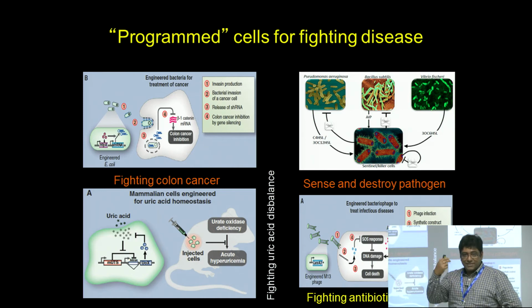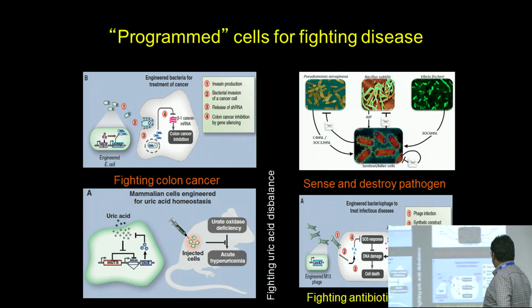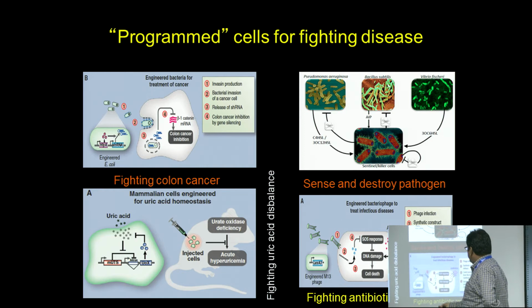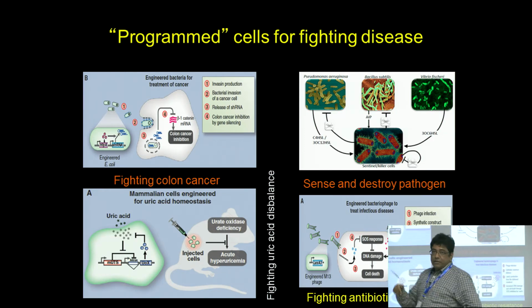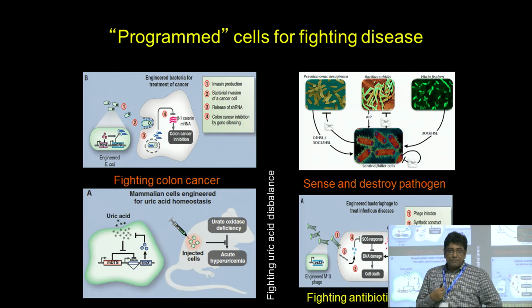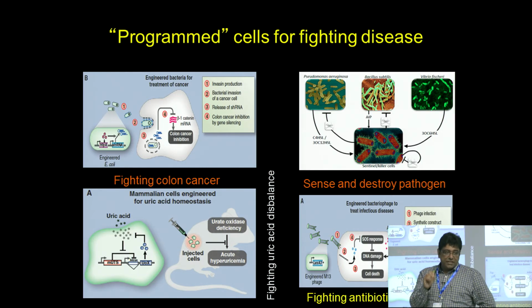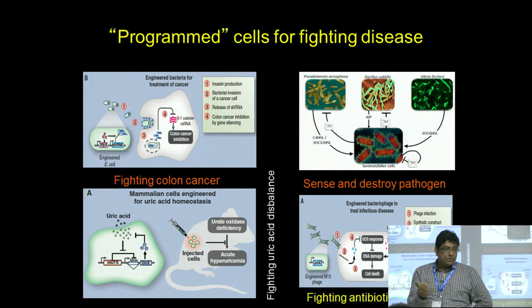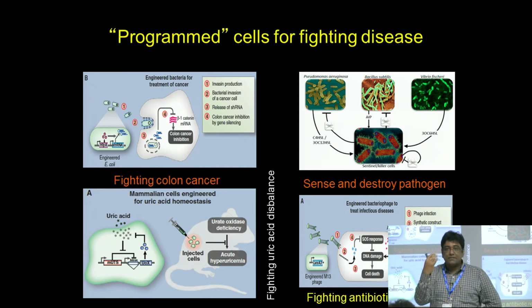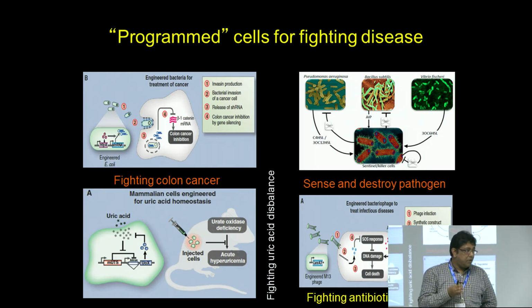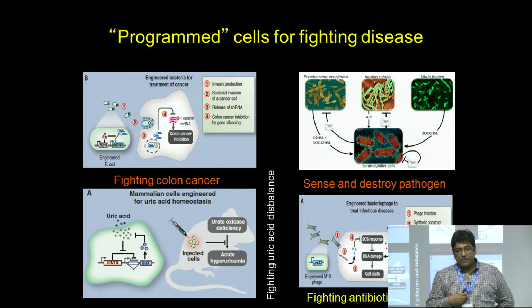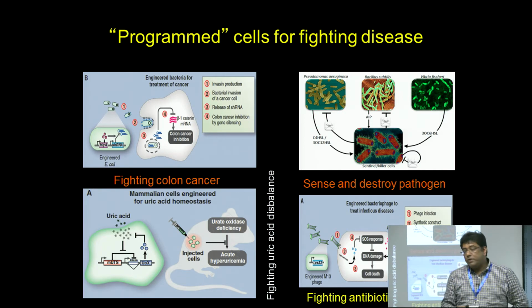The similar thing can be done with uric acid, where there is a disbalance in the uric acid homeostasis. That can be sensed by some cells, and those cells produce the particular enzyme to fix it. So, it is sense and then produce, sense and cure. This is the kind of approach of programmable therapeutics which you cannot get in conventional therapeutics. You sense and then you do something, and you are doing it autonomously.